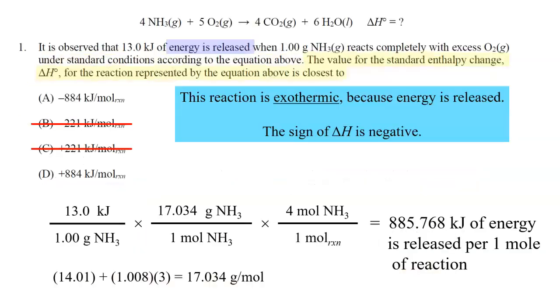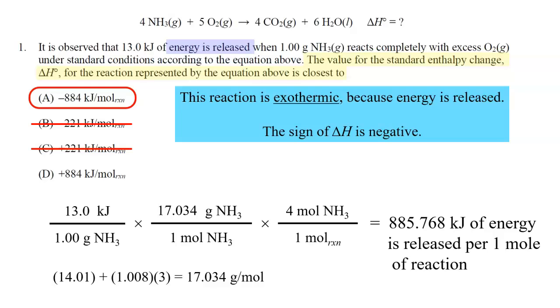So this reaction is exothermic because energy is released, therefore the sign of delta H is negative, and the correct answer to question 1 is choice A. But if you're wondering about 884 versus 885.768, watch what happens if I use a slightly different value for the molar mass of ammonia, or NH3.